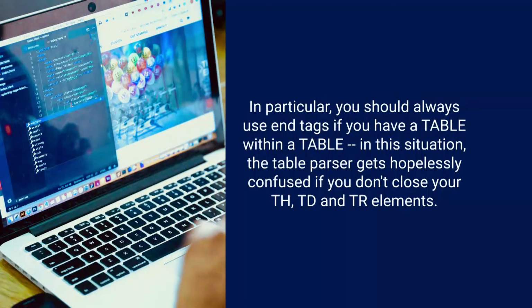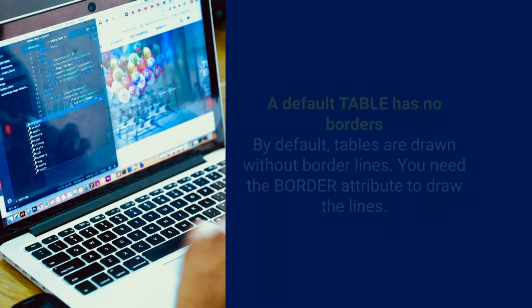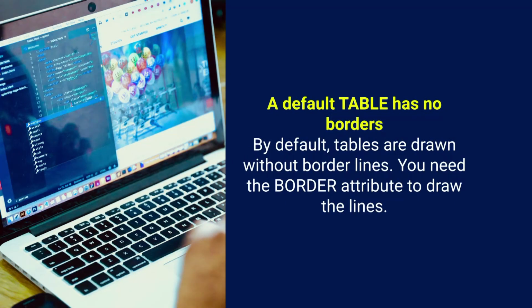In particular, you should always use end tags if you have a table within a table, because it may lead to nested table errors. Also note that a default table has no border. Tables are drawn without border lines. You need the border attribute to draw the lines.